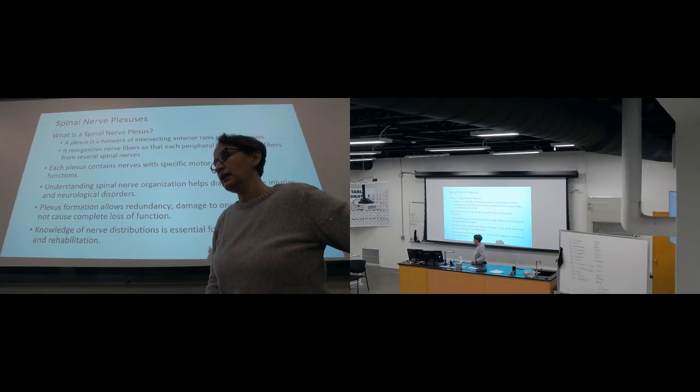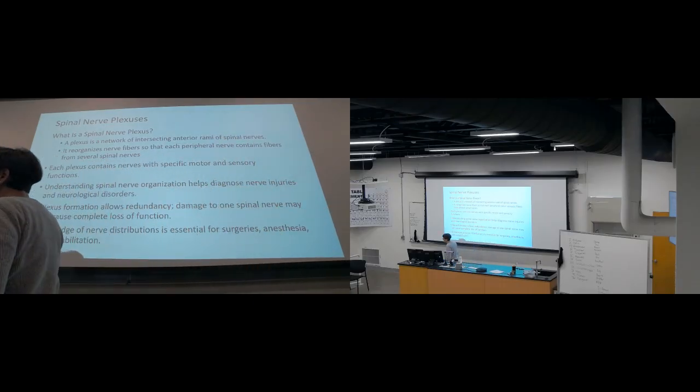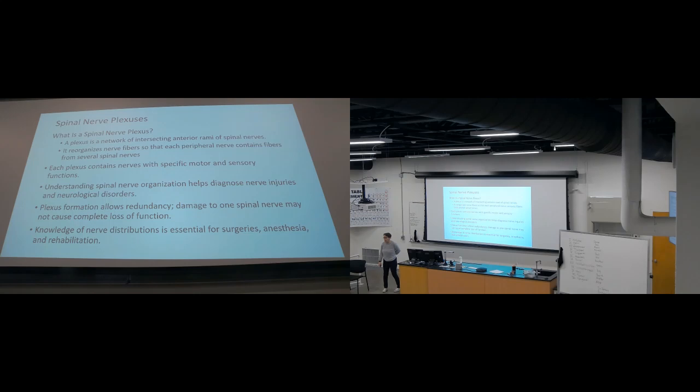For the spinal nerve plexuses, a plexus is a collection or network of intersecting spinal nerves that has the purpose of providing motor or sensory information to a particular region of the body. Each plexus has nerves with specific motor and sensory functions.